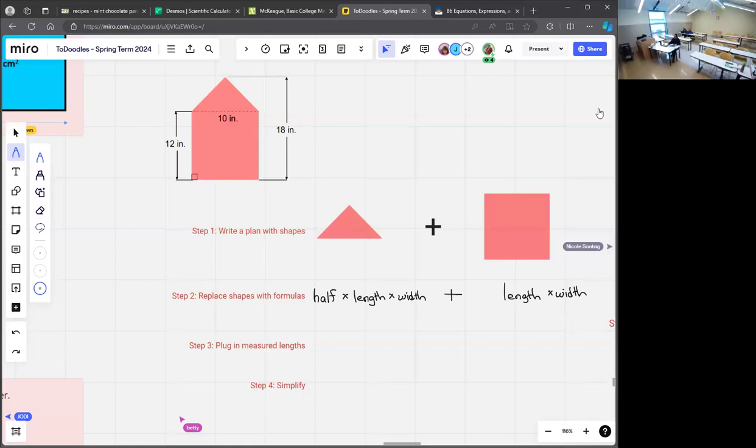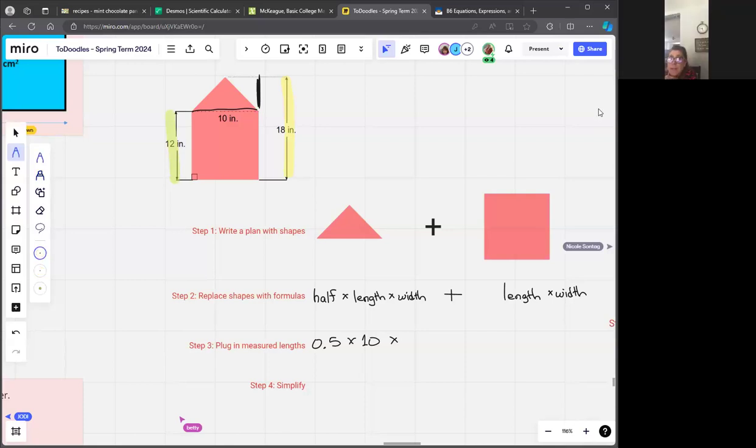Okay, only now do I put numbers in. So half times, what's the length here? This was 10, it looks like, 10 across the bottom. And then how tall is that thing? How tall is the roof of my house? I know that this one is 18 and this one is 12. 6, 6.